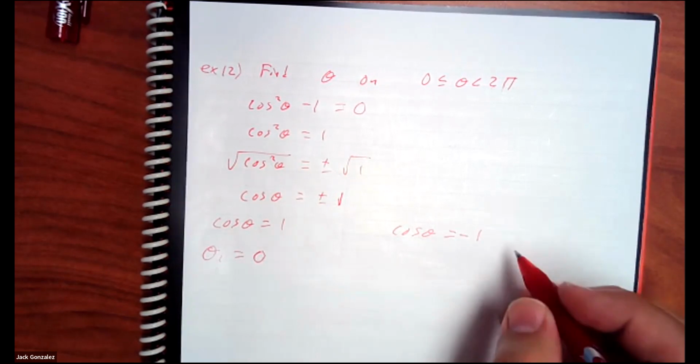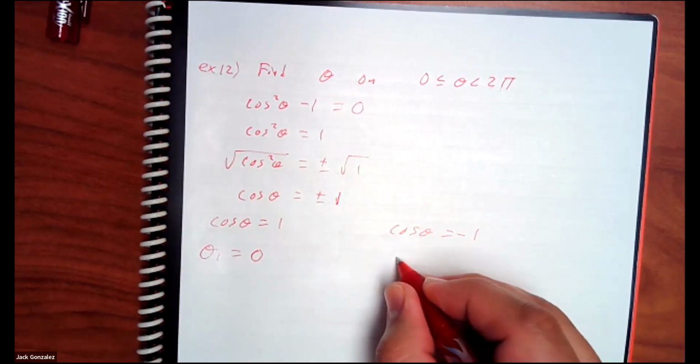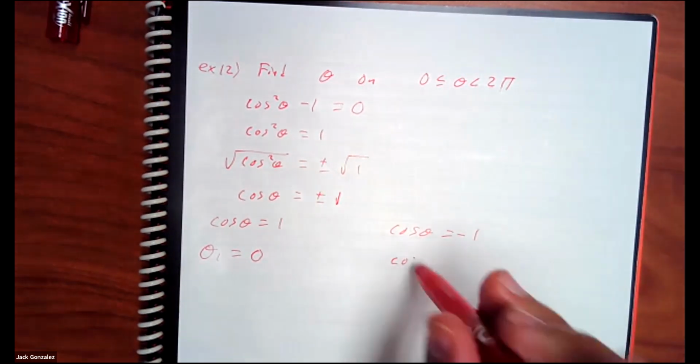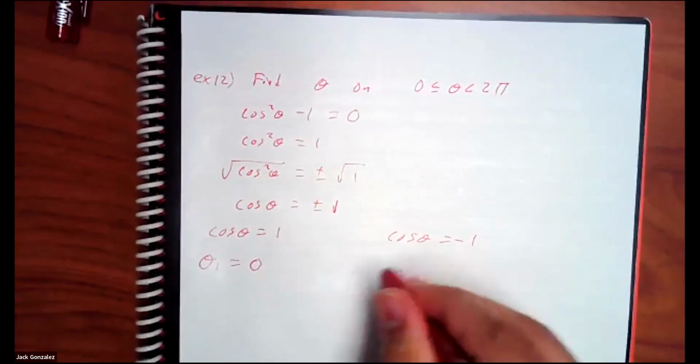It's going to be 0. Cosine at 0, you get 1. Cosine at pi, you get negative 1.